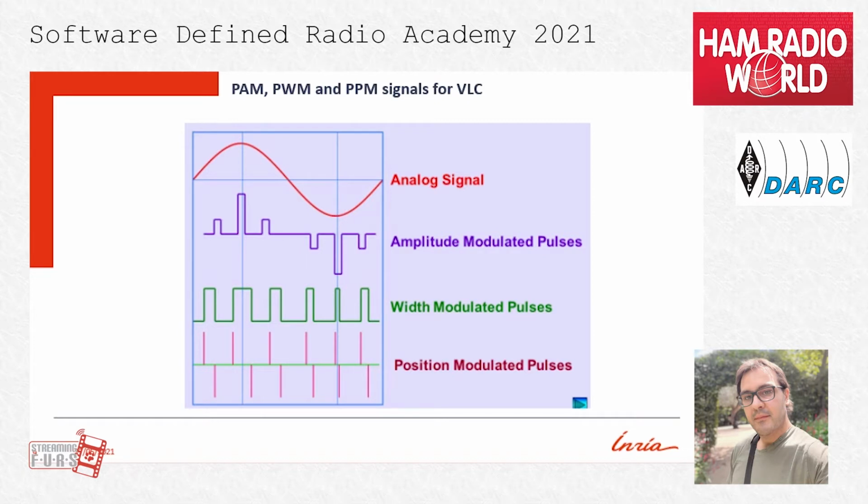In this way, we can have a faster communication, so mainly a PAM with a high index, or a communication which is more robust when there is more noise. For example, a slower pulse position modulation, so also in this case with a high modulation index, for example, an 8 or a 16 PPM.